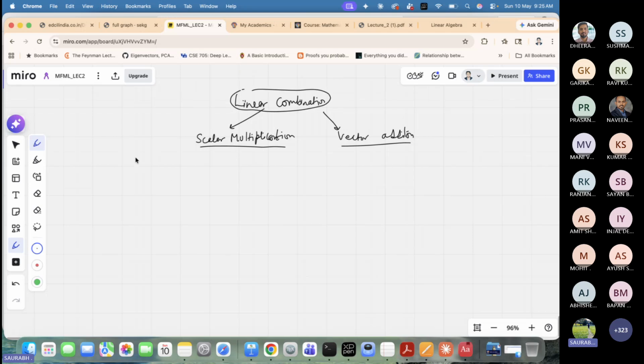When you think about scalar multiplication, you can scale any vector. Let's say that this is your two-dimensional space. I am still talking in two-dimensional space because it becomes easier for us to visualize. This is the vector. When you scale the vector, it can go up here, or it can go down when you multiply it with a negative value.